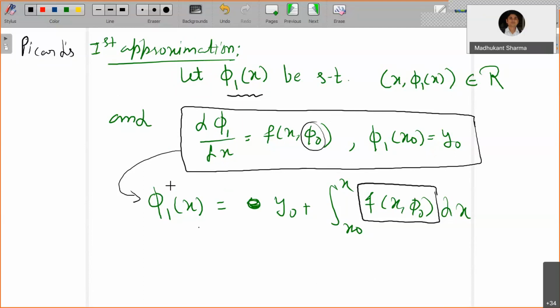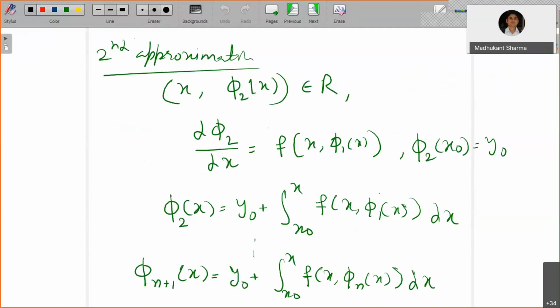So the second approximation is essentially this phi2, which satisfies x comma phi2 of x in R and the following initial value problem. This is equivalent to saying that phi2 of x is equal to this integral.